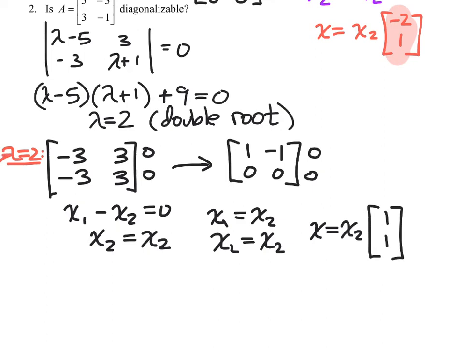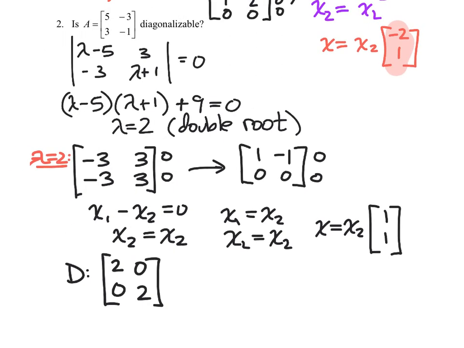All right, so my D matrix, it's a double root, so we'd have 2 down the main diagonals. Poor quality lambda, so let me fix that. It just looks hideous. And so my matrix P would be 1, 1, 1, 1.